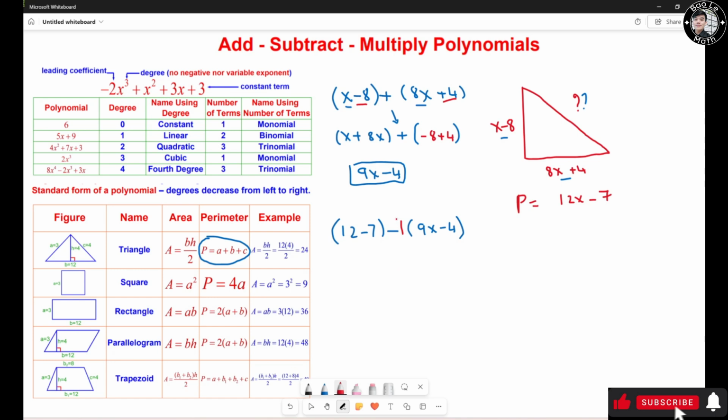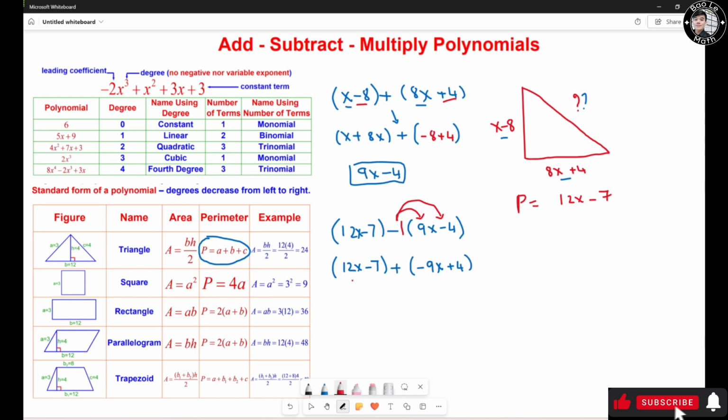So I need to distribute negative 1 first, to turn this into addition, right? So I have 12s minus 7 plus parentheses, negative 1 times 9s, it could be negative 9s. Negative 1 times negative 4 is going to be plus 4, right?